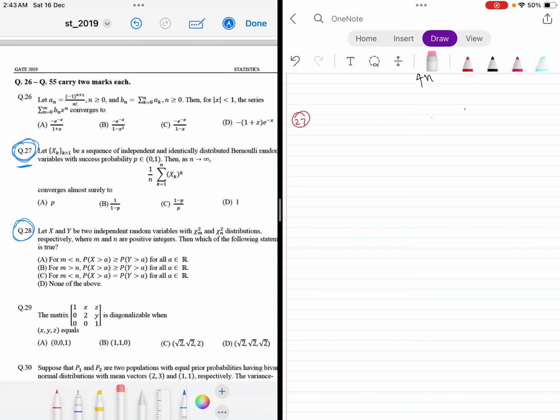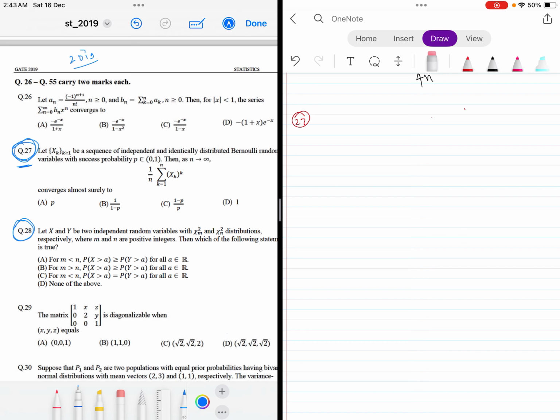Okay, so last time we were doing the 2019 statistics question, and from this paper we were solving the subject probability and statistics.